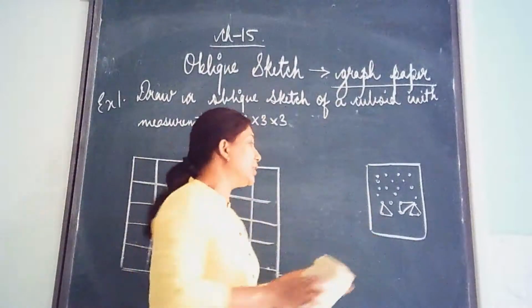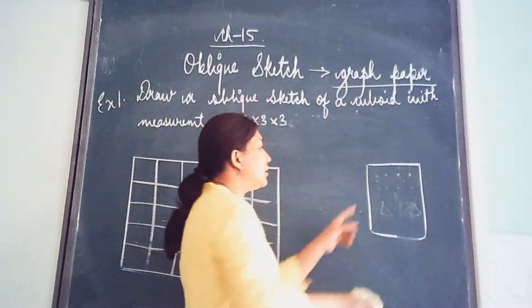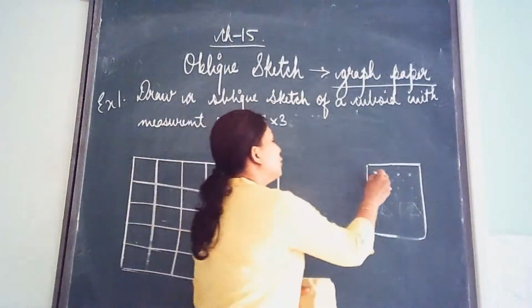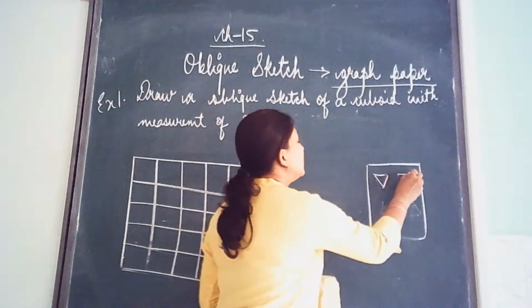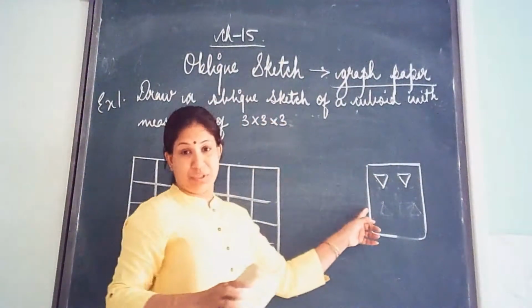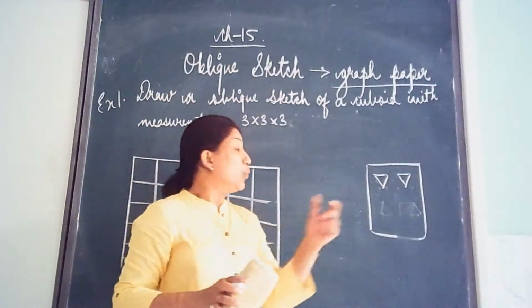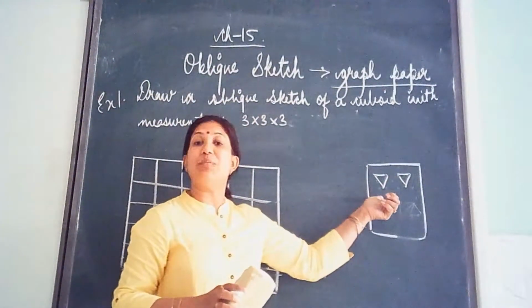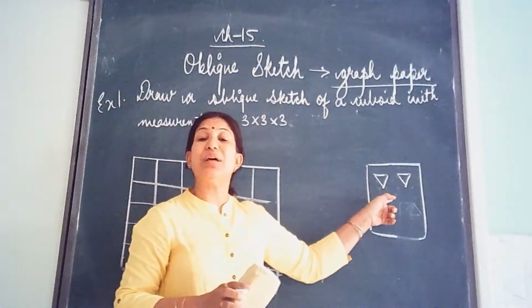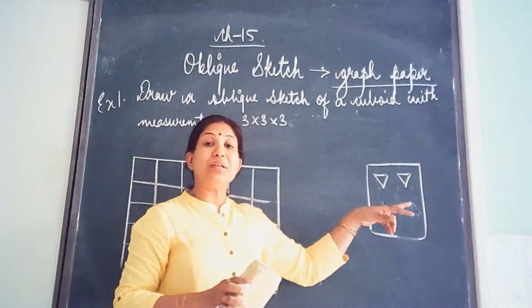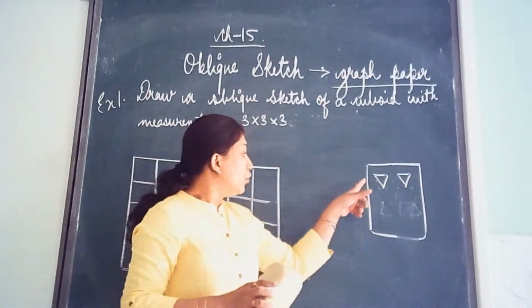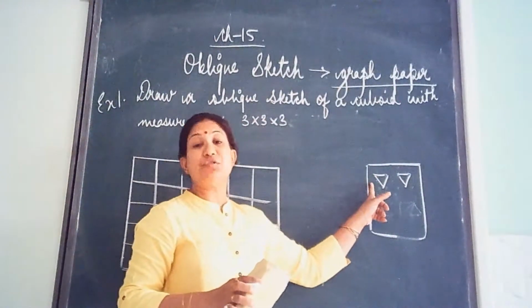Some dot sheets are different, where the triangles formed are isosceles. Two types of dot sheets are available in the market.